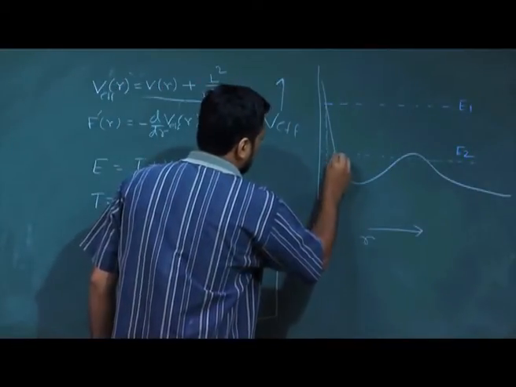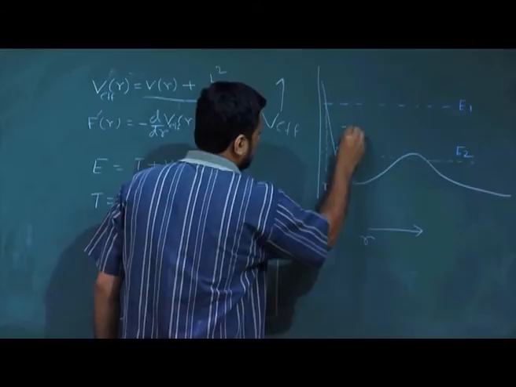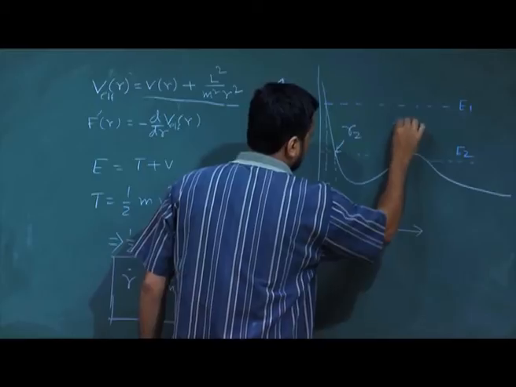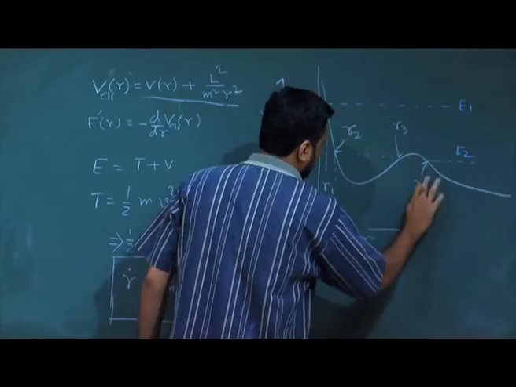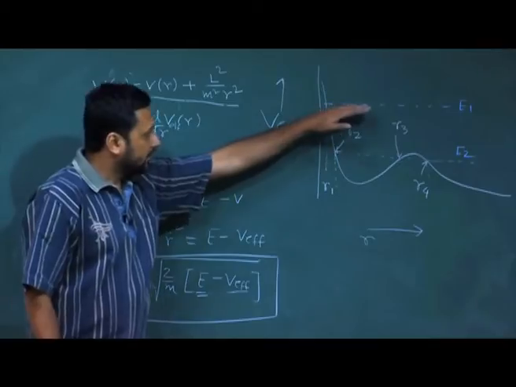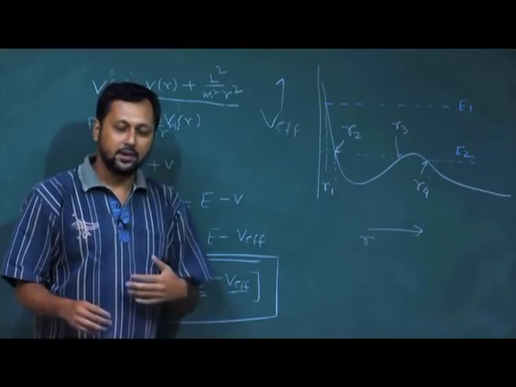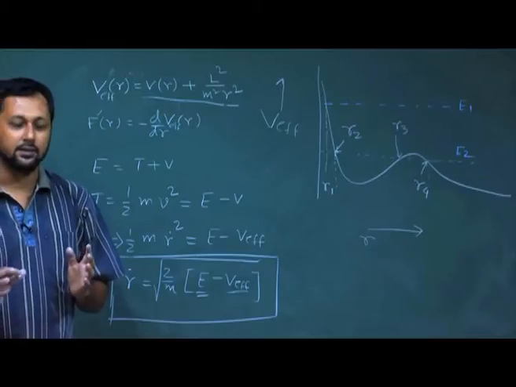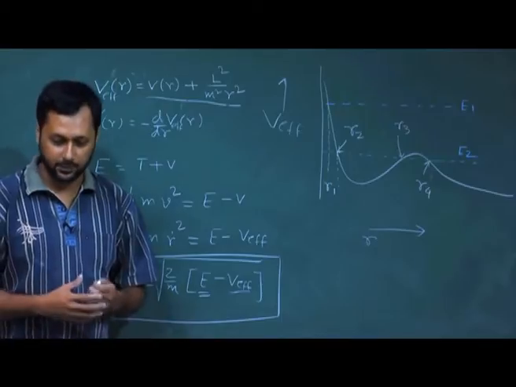Now, this interception, let us say the r value is R2, for this one let us say it is R3, this one let us say it is R4. Now, for these two cases, for energy E1 and E2, let me try to give you a brief account of how the motion in this force field could be, a general description.